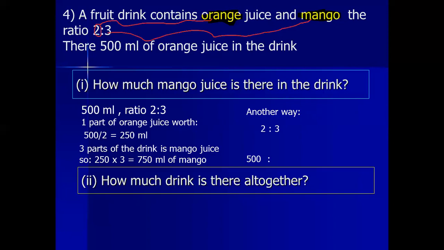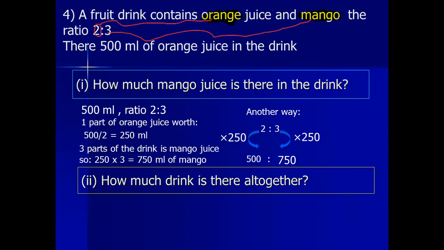There's another way, guys, to find part A. 2 to 3 means 500 to something. We talked about the ratio in the first lesson. How can I write the ratio? How can I simplify it? Now 2 becomes 500. How can I make 2 become 500? By multiplying by 250. So I multiply both sides of this ratio by 250. 3 times 250 becomes 750.